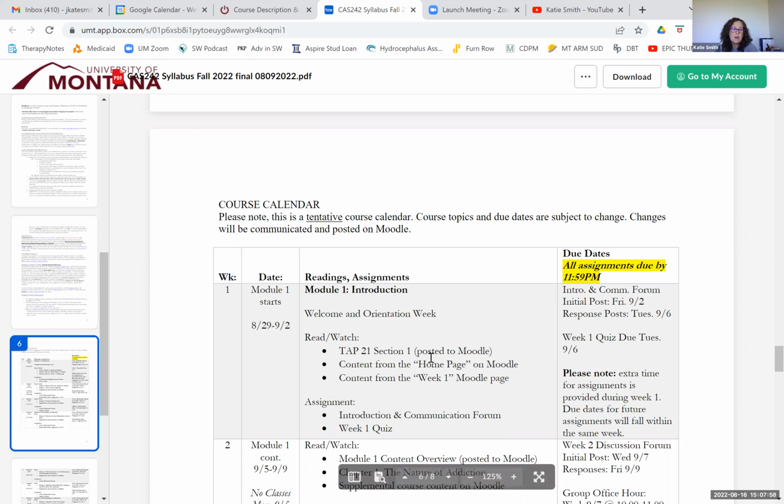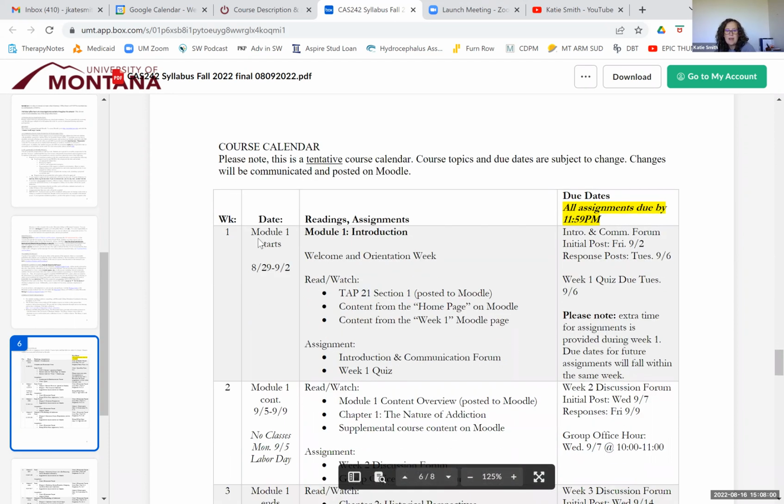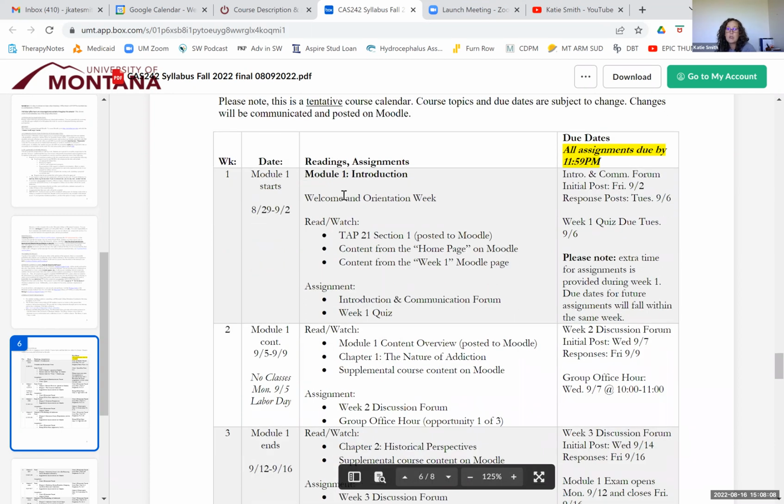So it's set up. Week 1, module 1 starts. We're in week 1 from August 29th through September 2nd. We're doing a welcome and orientation week. So I'm going to read and watch. Everything is posted to Moodle, content from the homepage, the week 1 Moodle page.